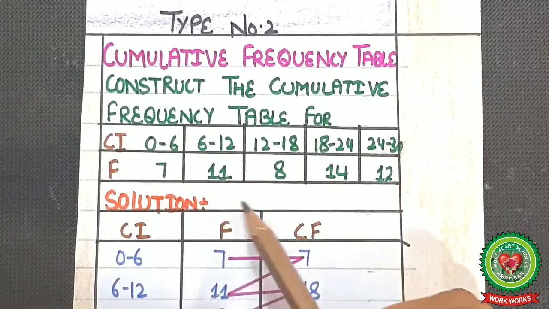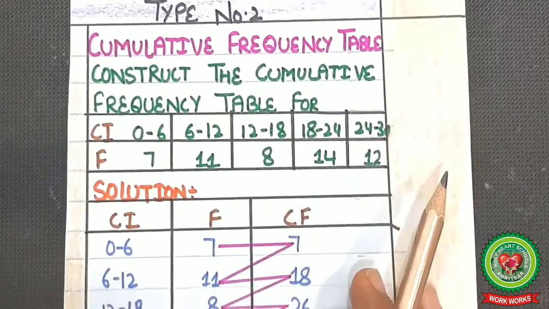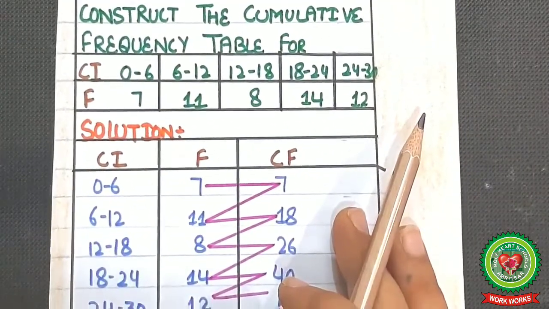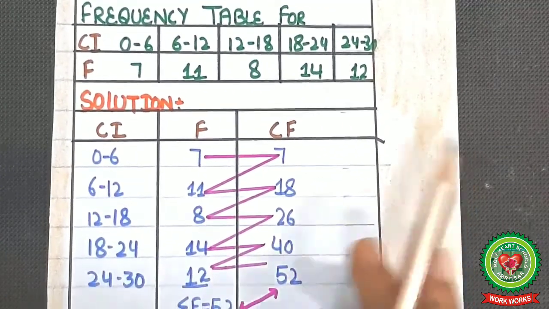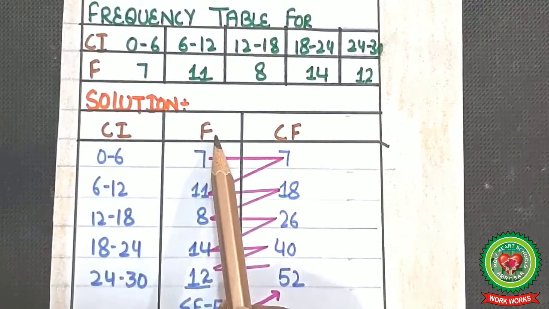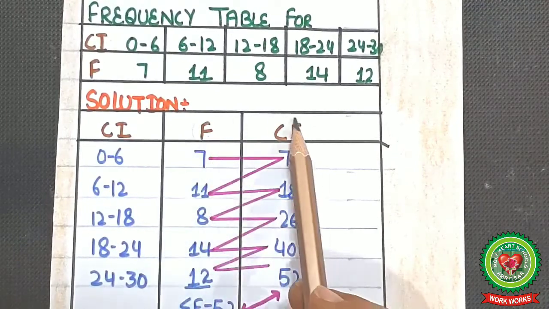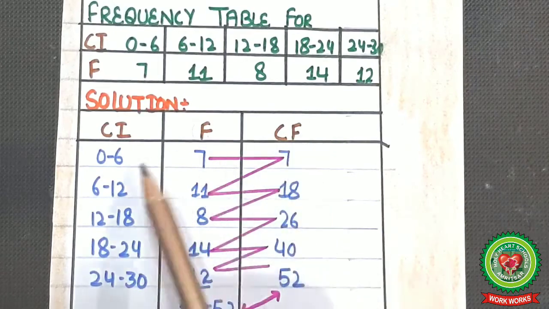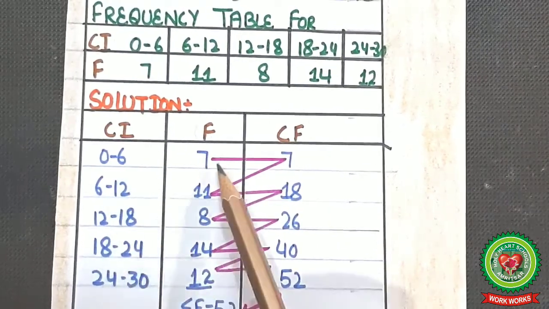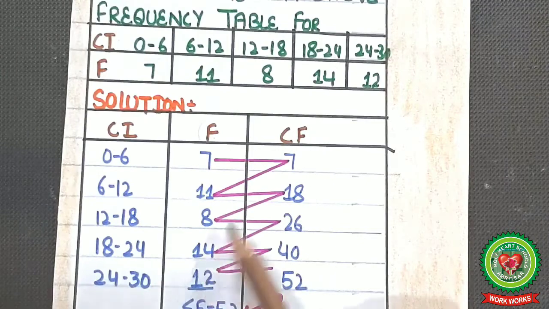Here we will learn how to draw a cumulative frequency table. Here also we will draw 3 columns. In column number 1 we write the class interval, in column number 2 we write the frequency, and in column number 3 we write the cumulative frequency, that is CF. Write all the class intervals and all the frequencies.